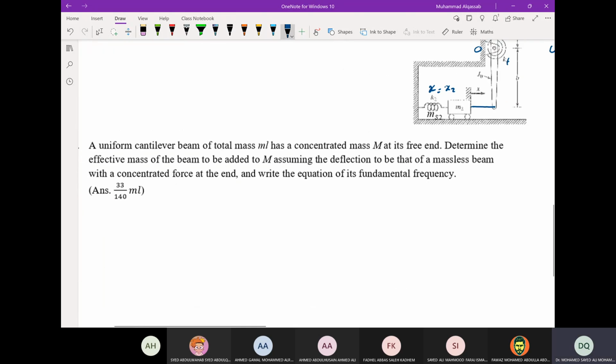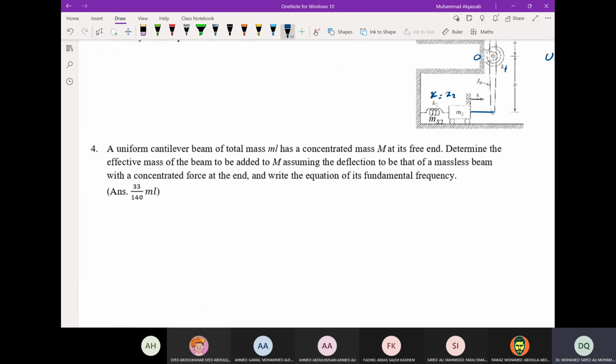For the cantilever beam, you can follow the example we did for the simply supported beam. What you need is the deflection shape, there is a factor here you need to find, and f of x only, in terms of y maximum.